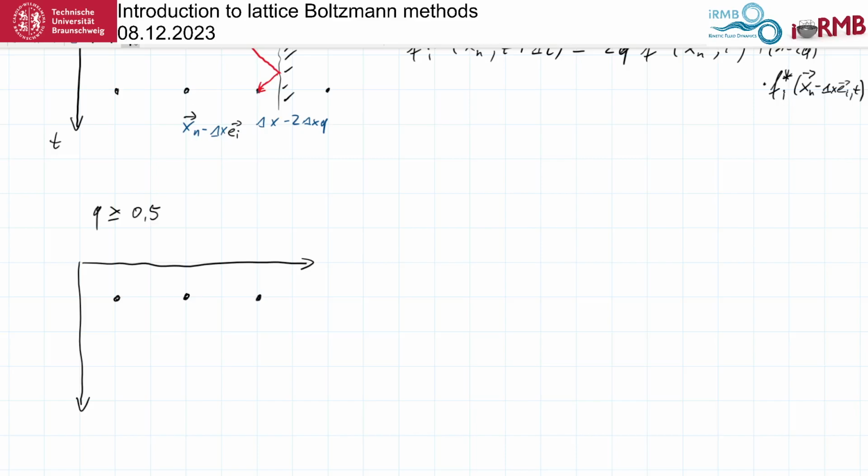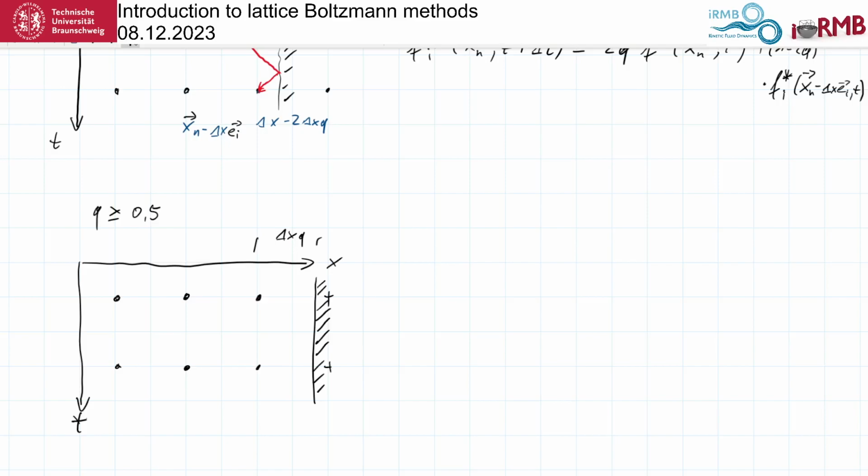Say this is inside the wall, so this here is delta x times q, and this is obviously larger than 1/2.